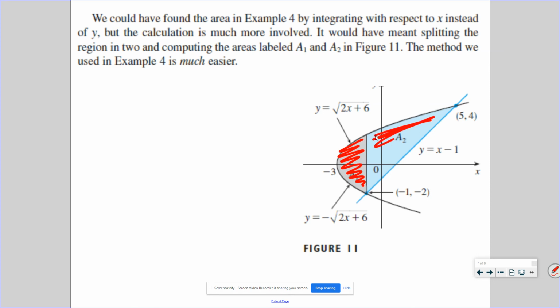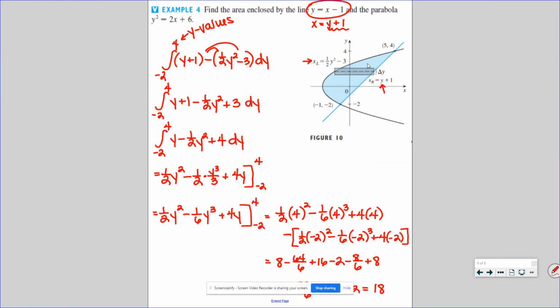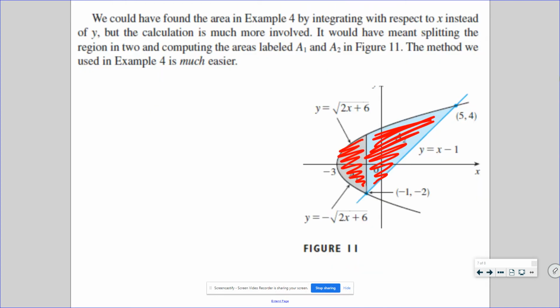And then I can find the area of all this space and get that total and then add them together. Okay? So I know that this concept of kind of turning things, rotating the graphs and looking at them in terms of y instead of x is a little confusing at first. But I promise you, if you had not done that, splitting the graph into 2 sections and doing it this way would have been double the amount of work.